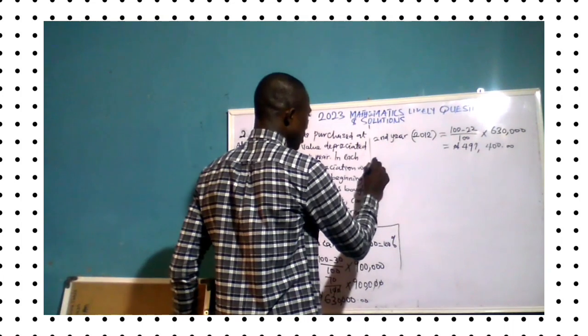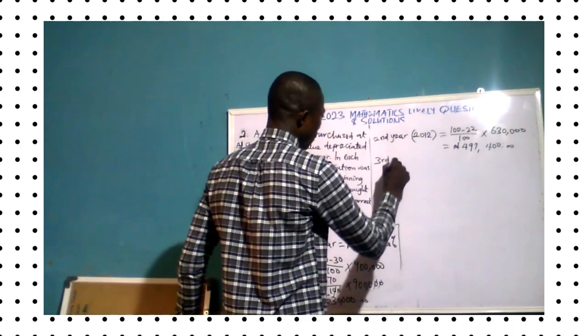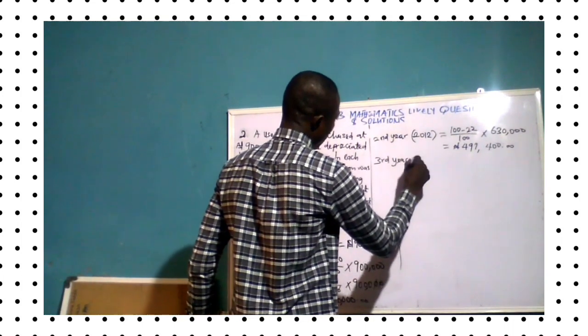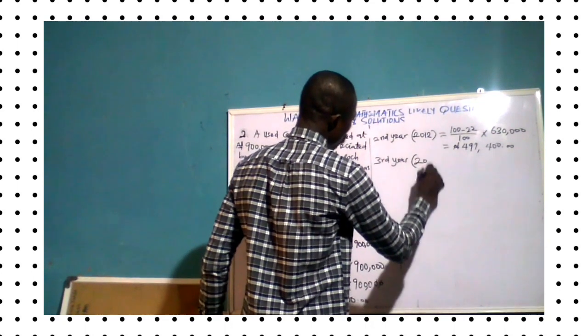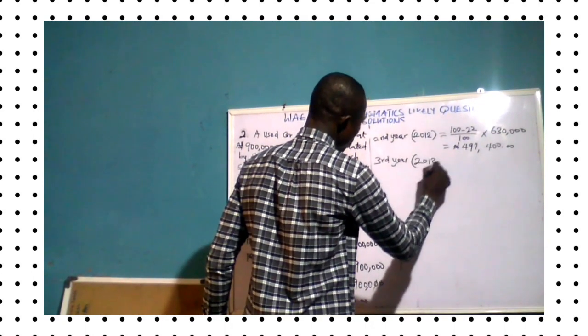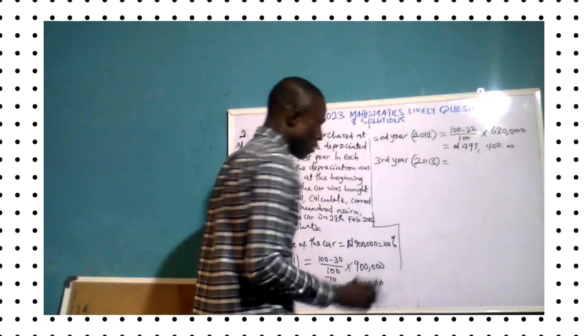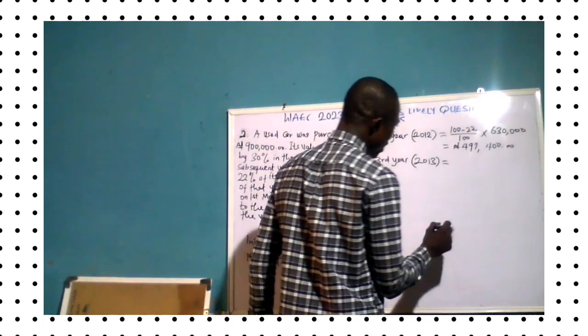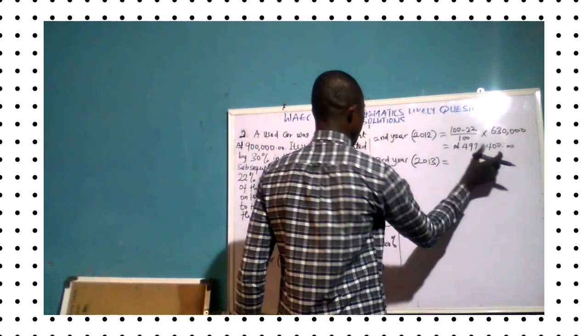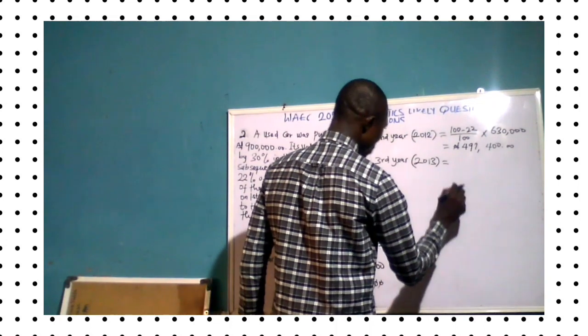Now at the third year, that is year 2013, the value went down again by another 22% of the previous value. This value is taken as the previous value in this case.